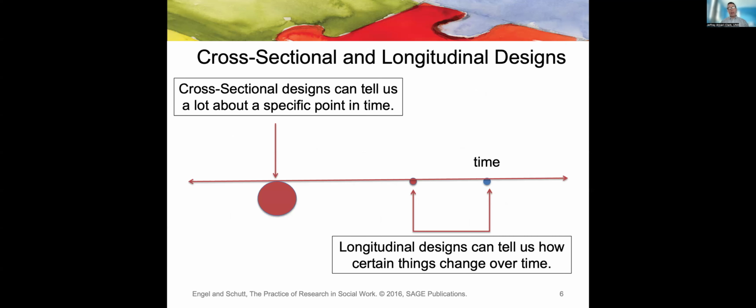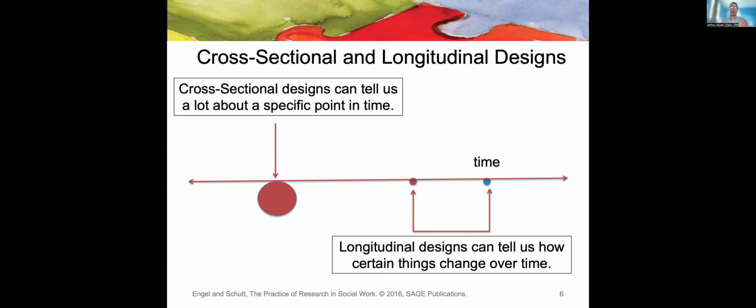Now, there are many different types of research designs. If we are to boil it down to two types, within a quantitative approach, oftentimes we would have, say, the cross-sectional. That would be at one moment in time, and we can gather a lot of data about that specific moment in time.